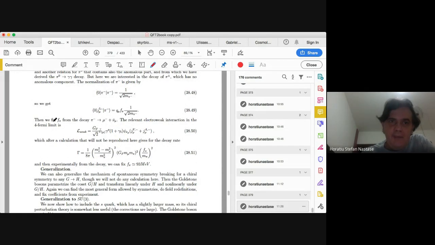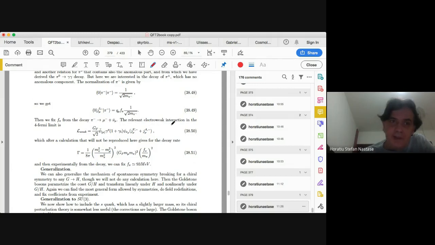In principle, that means that we can fix f pi from the decay of pi minus into mu minus plus anti-muon neutrino.